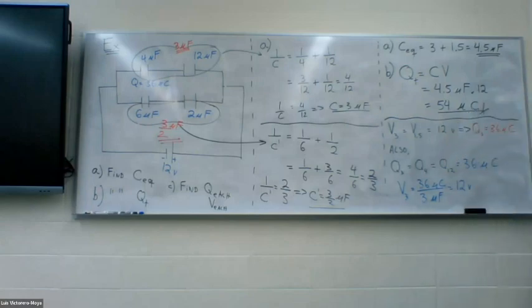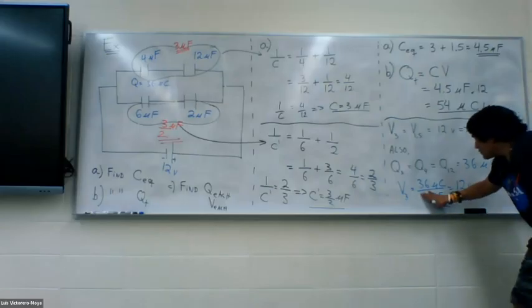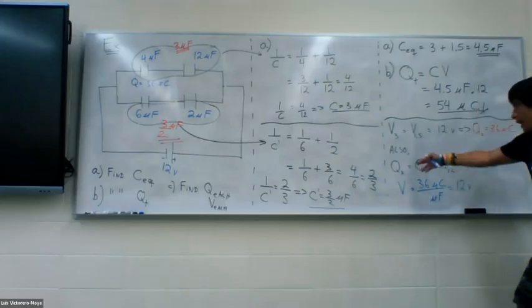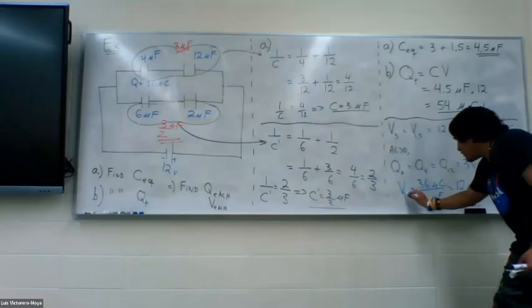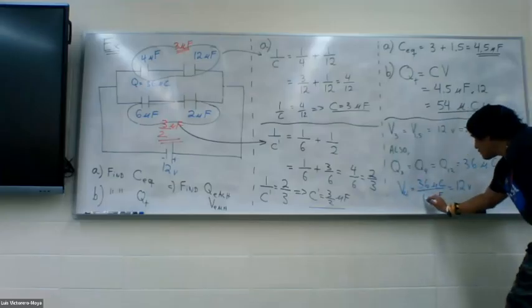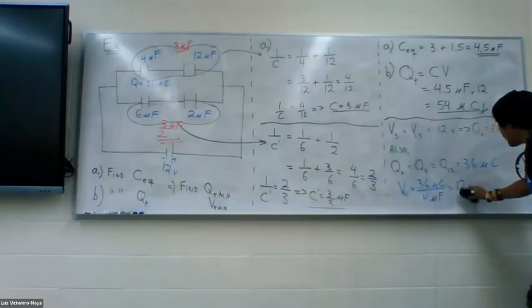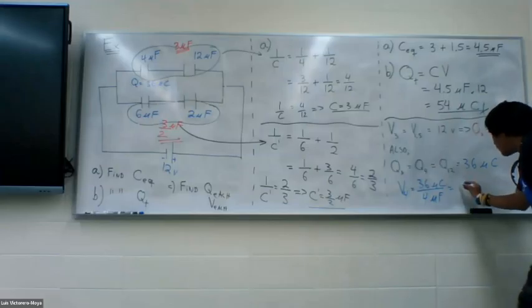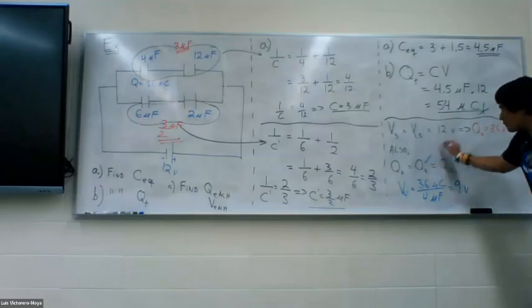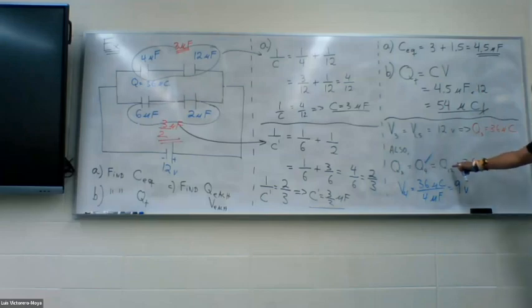Oh, wait. Something wrong here. Divided by 4. The voltage on 3, I already found, right? So why do I need that? So that's 9 volts. That's on 4. And what about 12?